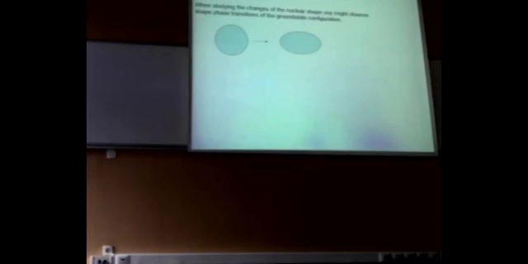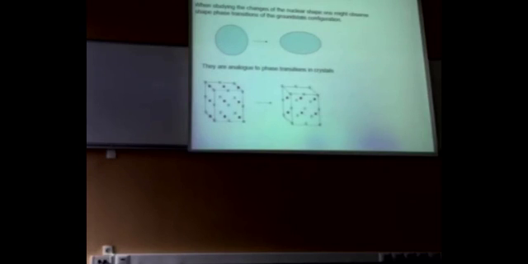Now, we can compare that to phase transitions in crystals, in this sense, that if you have a phase transition in a crystal, you change some external parameters, and then you go over from one particular crystal structure to another one.